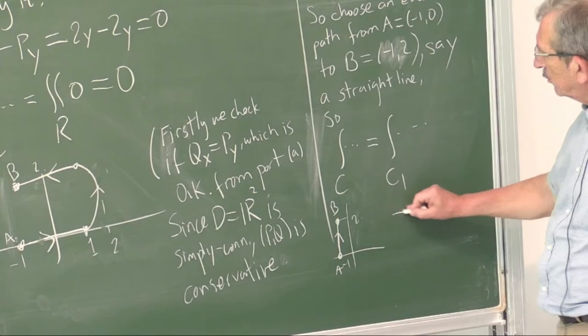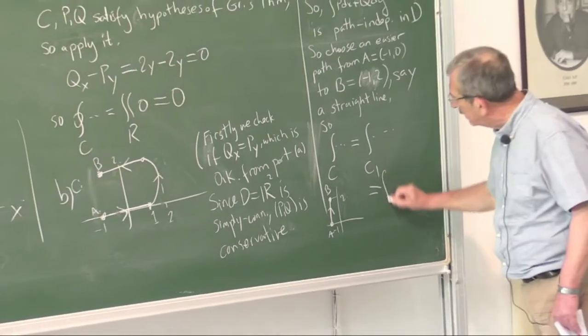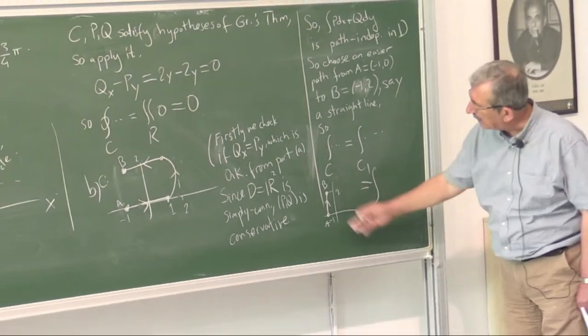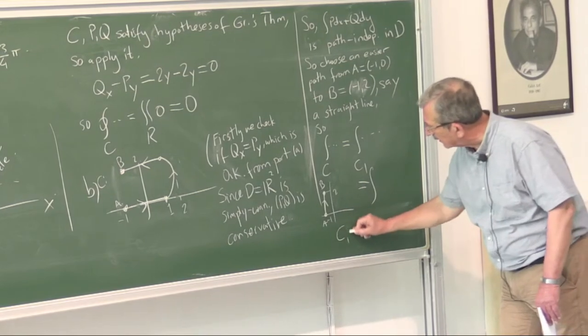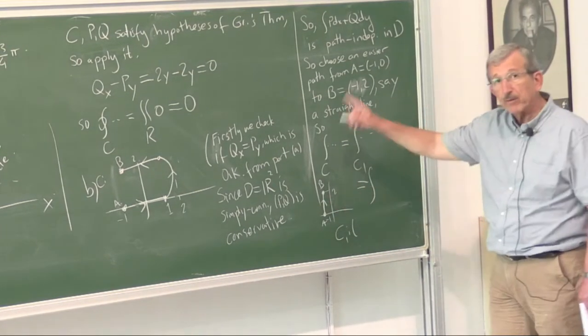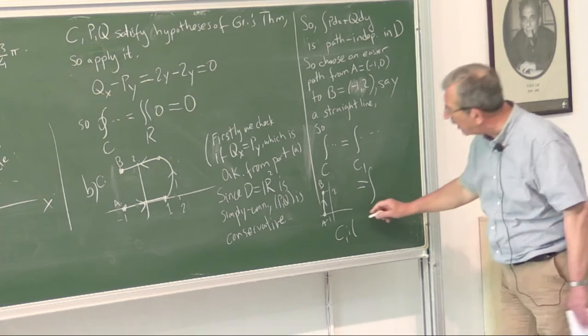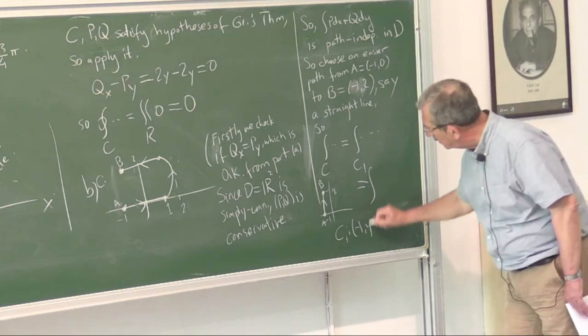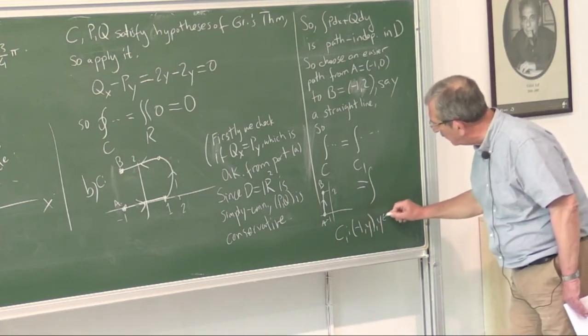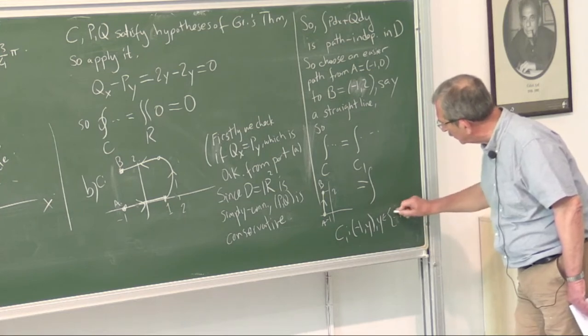It's very easy to calculate our integral now. The parametrization: y is the variable because x is constant and minus 1 here, and y changes from 0 to 2.